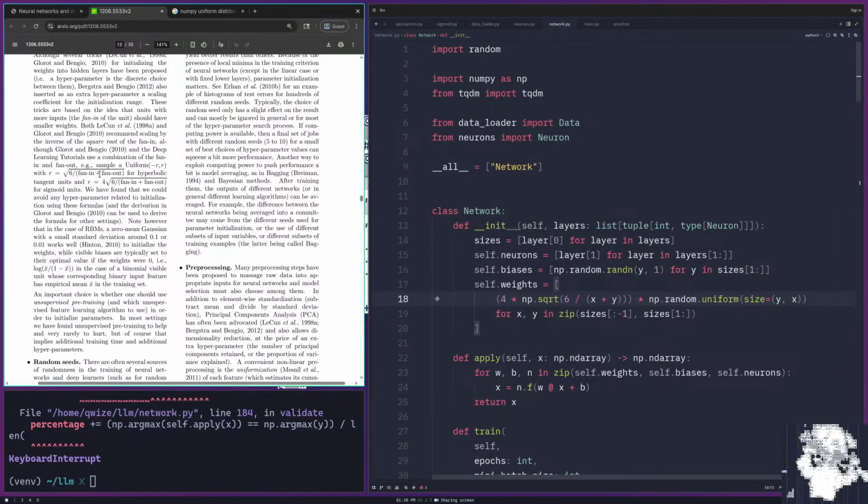Even though we're using sigmoids... Oh, wait. I want to be between negative r and r, not between 0 and r.